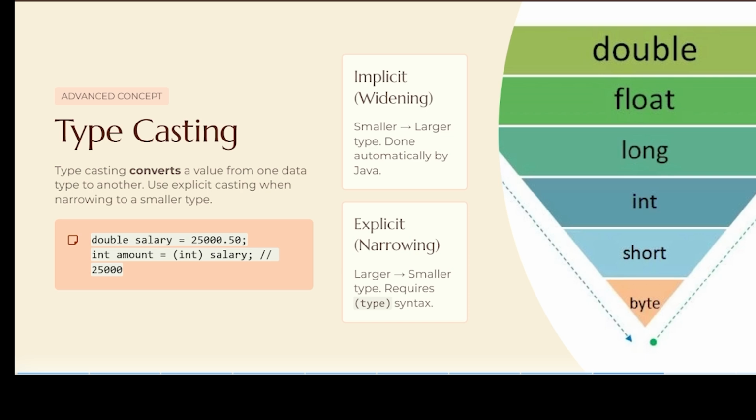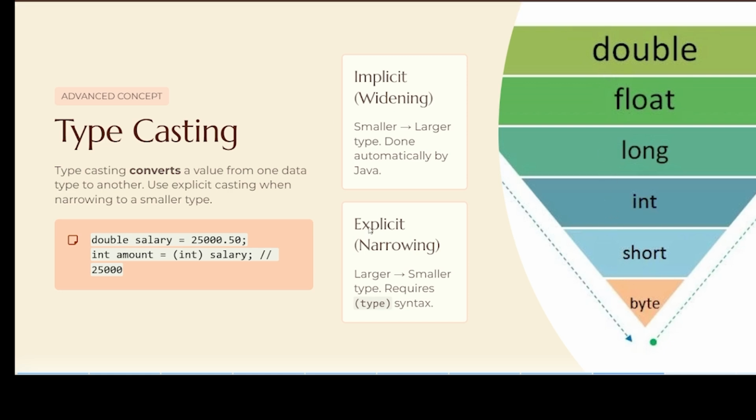These are the two types of typecasting. This is the order. This is widening. Widening means smaller to larger. This side is the widening side, going down to high. And explicit is larger to smaller, going up to down.